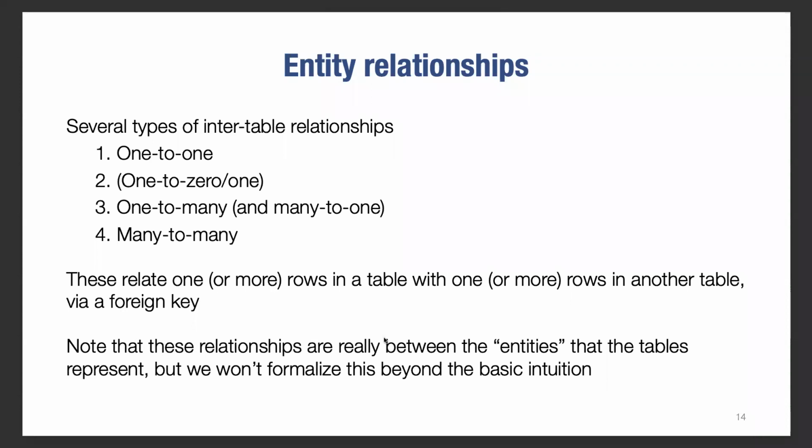Note that these relationships are really between the entities that the tables represent. Look at the entity beyond just the table that you are seeing. If you have a person table, it might have an ID, first name, last name, and role, but that doesn't mean those are the only attributes the person entity has or represents.